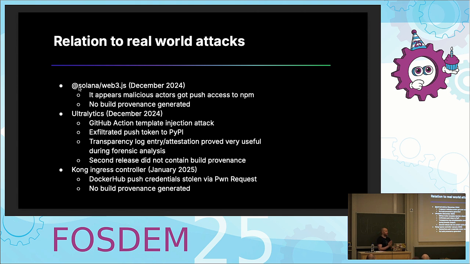I just want to mention three recent attacks. It's no grudge against these projects at all from me. It's just that they are very recent and very relevant. So in December last year, Solana Web3.js had an attack where someone got hold of the publish token to NPM.